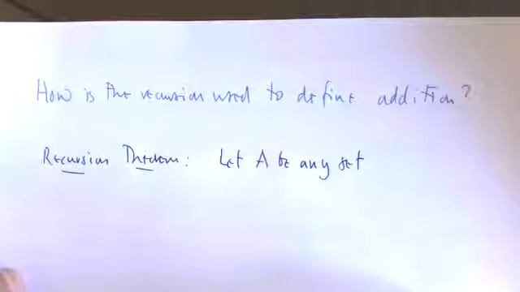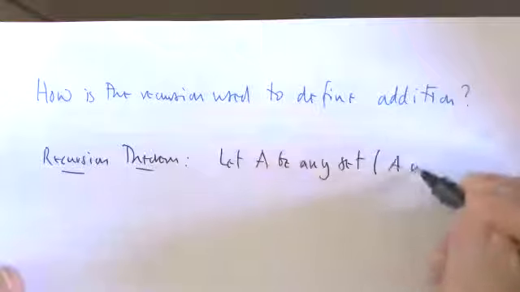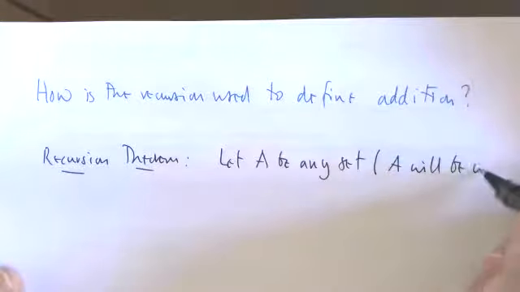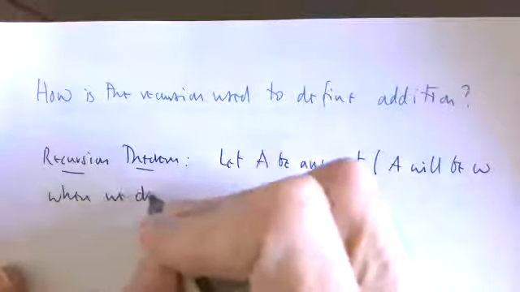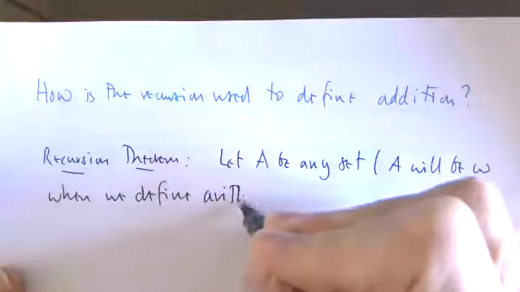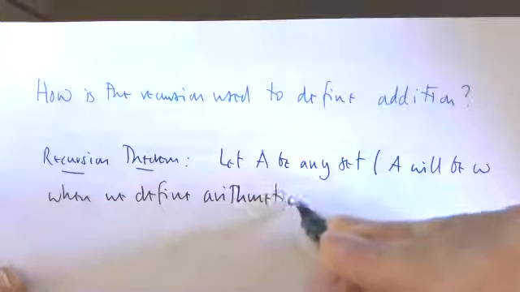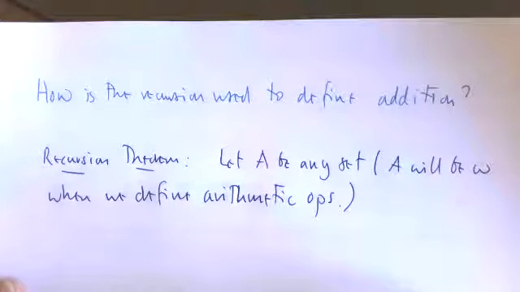Let A be any set, and when we're defining arithmetic, A will be omega, but it doesn't have to be omega.